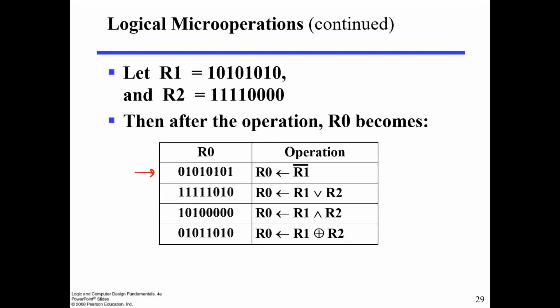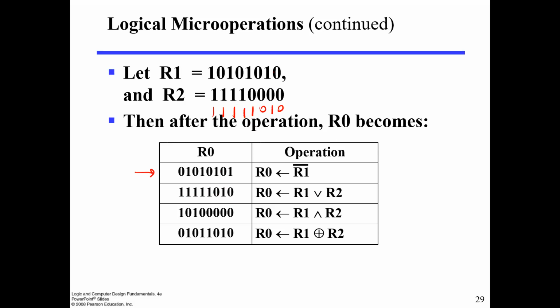That will become 0, 1, 0, 1, 0, 1, 0, 1. If I want to OR R1 with R2, take the result. 0 or 0 will be 0, 1 or 0 will be 1. This will be 0, then it's going to be 1, 1, 1, 1, 1. So R0 will be all ones and then 0, 1, 0 at the end.